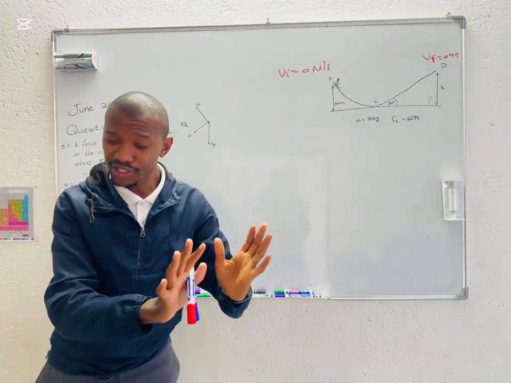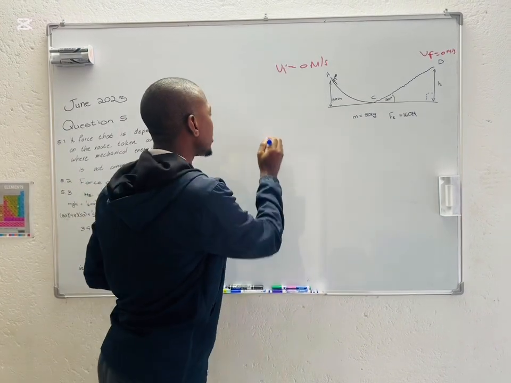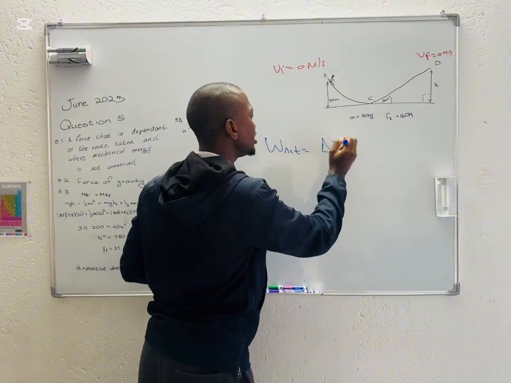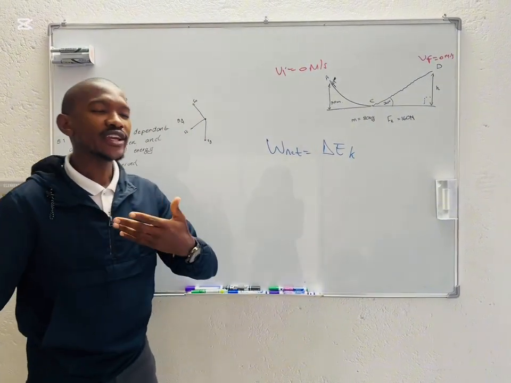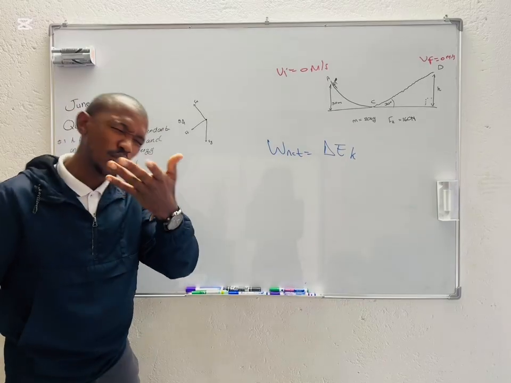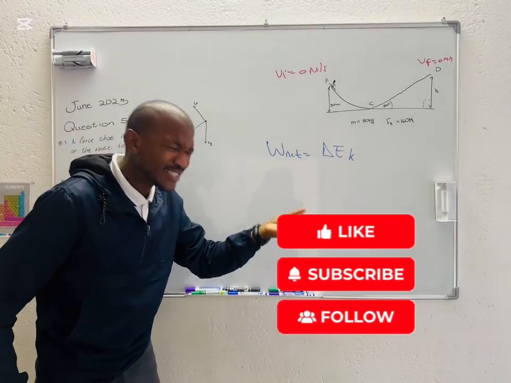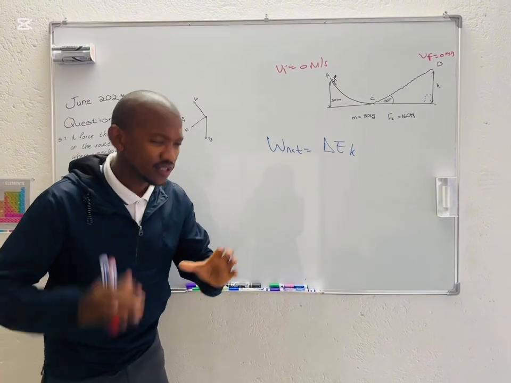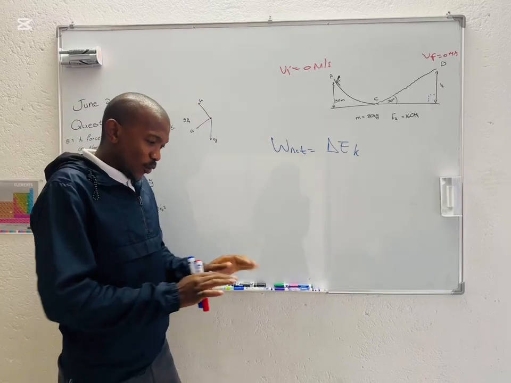5.3, use energy principles and calculate the speed of the skier at point C. My people, there is a formula which is given as Wnet equals the change in EK. We call this the Work-Energy Theorem. The Work-Energy Theorem basically states that the net work done on an object equals the change in the kinetic energy of the object.